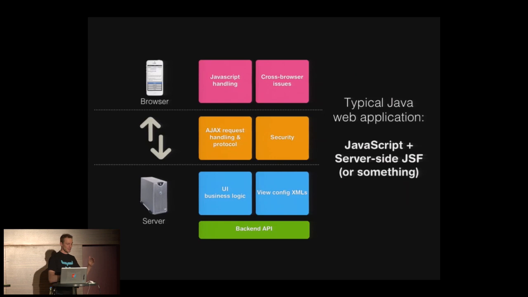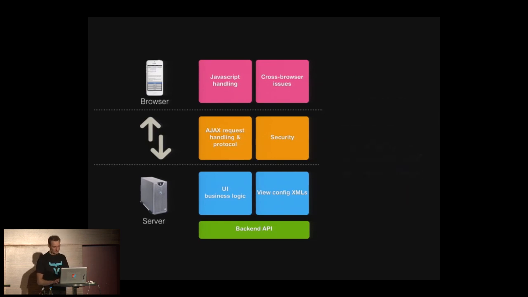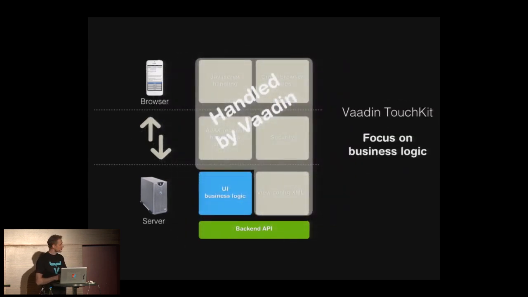You have to handle the whole stack by yourself. That's where Vaadin comes to help. It tries to take away most of the stuff related to the web and communication and the client side, so you can only focus on the business logic on the server side, and use the server-side APIs to build up the application.